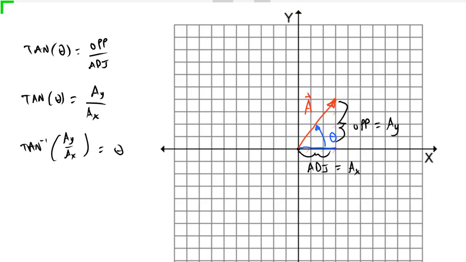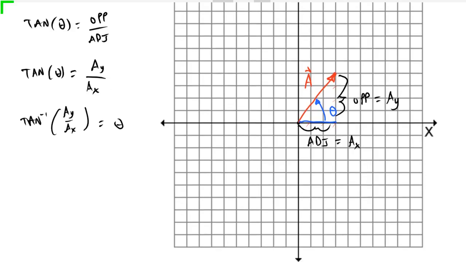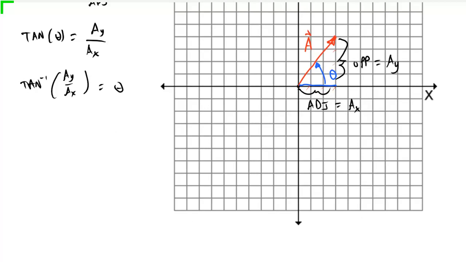So for our 3, 4, 5 triangle here, we can find out what the angle is. So we know that Ay is 4, so the arctan of 4 over Ax, which is 3, is equal to, plugging in the calculator, 53.13 degrees.